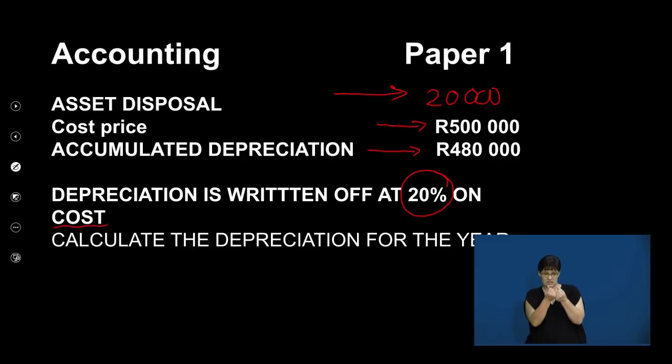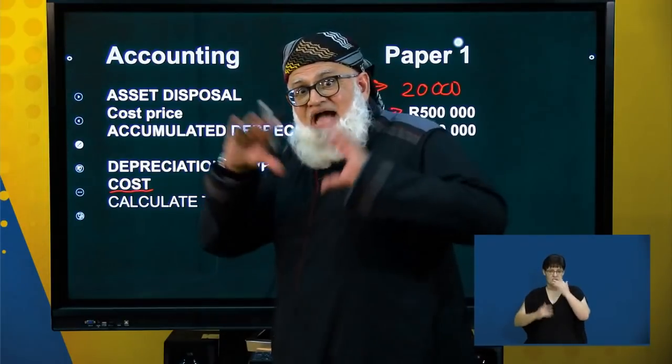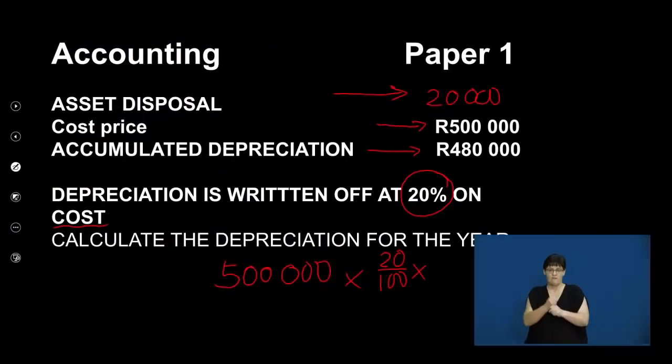So obviously the amount that we're writing off our depreciation is 500,000. I've got my A component times the R. The rate is 20%, 20 over 100, times my time. I'm working out depreciation for the entire year. That means for 12 months. That gives me my T component, which is 12 over 12.